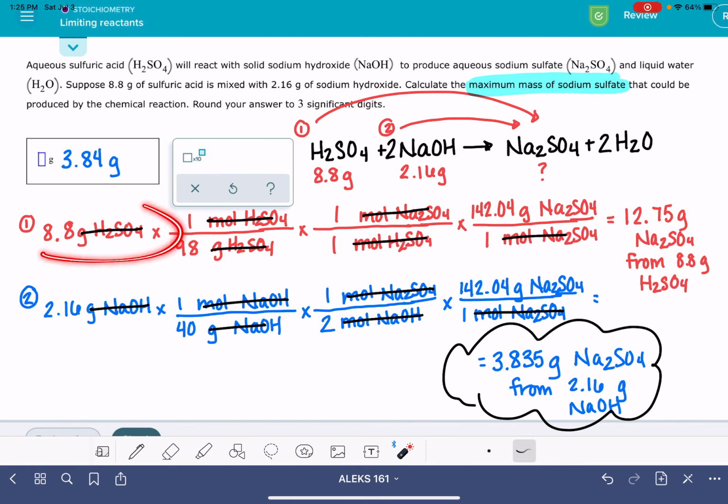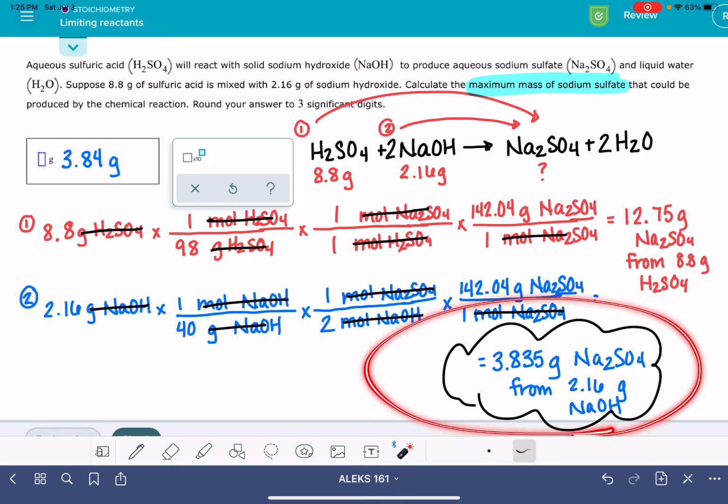Even though we have enough sulfuric acid to make 12.75 grams, it doesn't even matter because we're going to run out of sodium hydroxide. The most that we're going to be able to make is limited by the small amount of sodium hydroxide that we have. So even though it's telling us maximum, the actual answer to this problem is always going to be the smaller result from these two calculations.